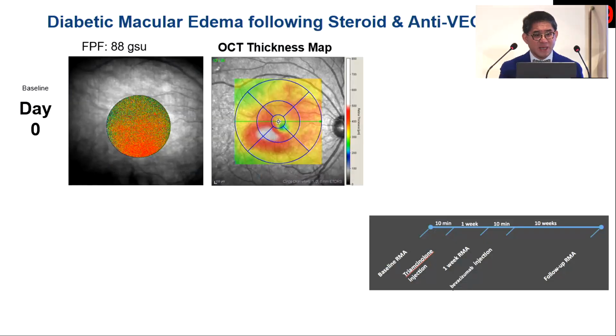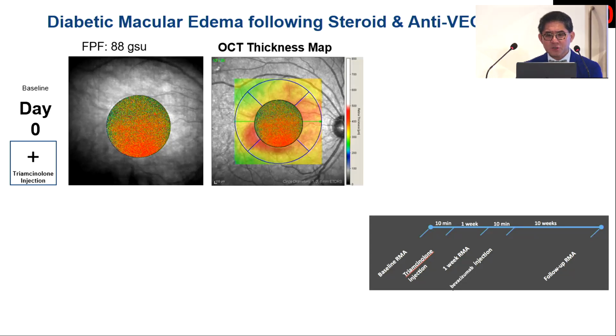In this particular case, we see how it functioned in diabetic macular edema. This is a patient with significant macular edema from diabetes. At day 0, because of the presence of macular edema, the clinician decided to inject triamcinolone.